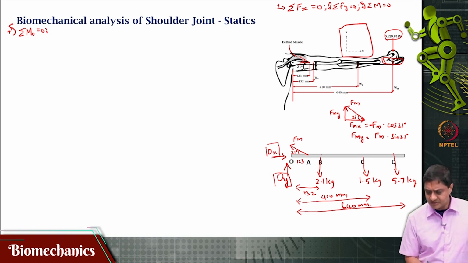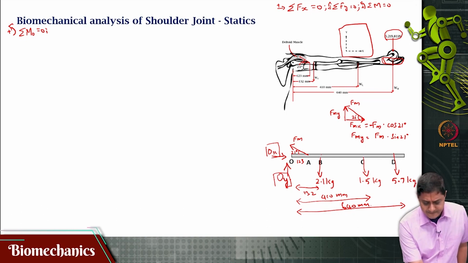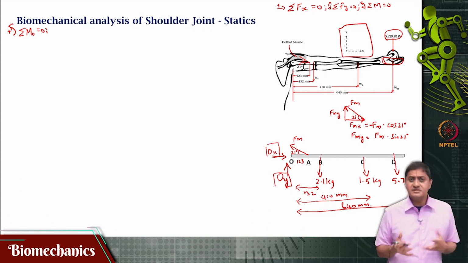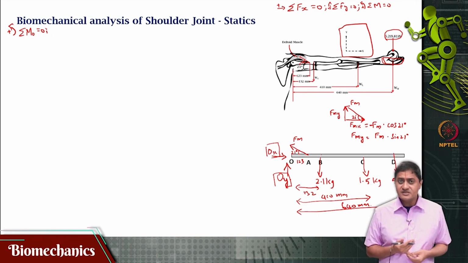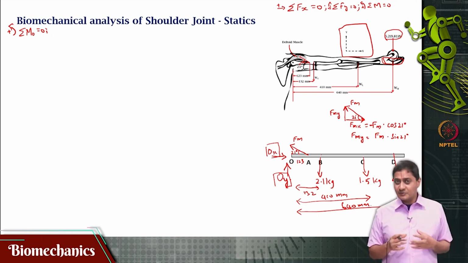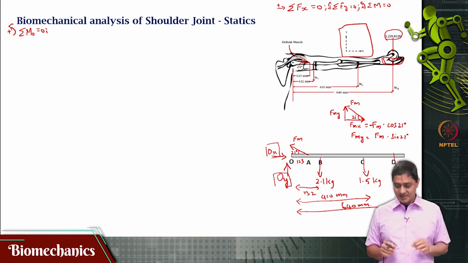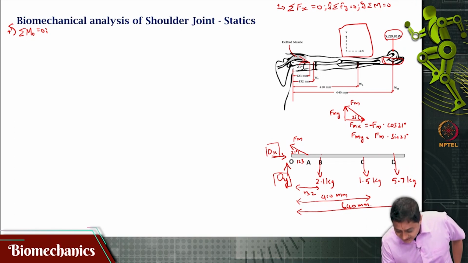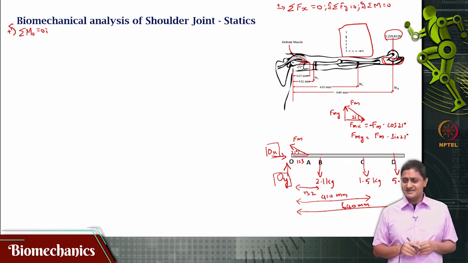Let us try and write this out so that it is a bit clearer for us. A question that comes is, will the x component of this have a moment? Will this cause a moment? That is a question that we will have to come to, but for completeness it makes sense for me to write this out. I know that immediately, because this x component is acting along O, it will probably not cause a moment.